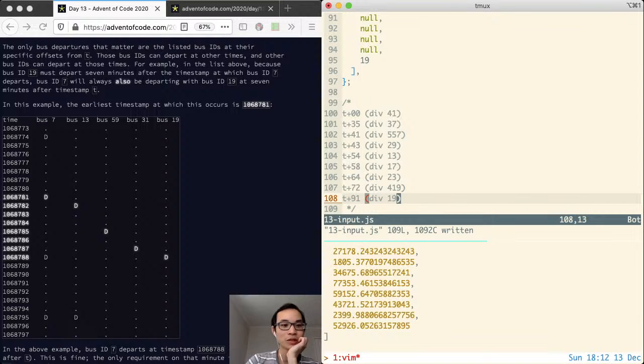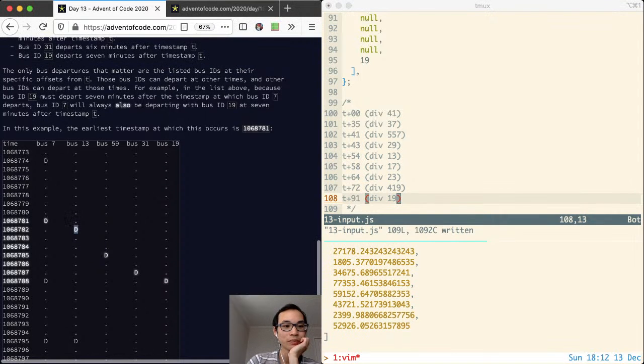Let's look at the example, maybe that will help. We want T that is divisible by 7 and T plus 1 that is divisible by 13. I kind of want pen and paper to do this actually. So I'm going to have to do this off screen because I really need to scribble on something, if I can find a pen.